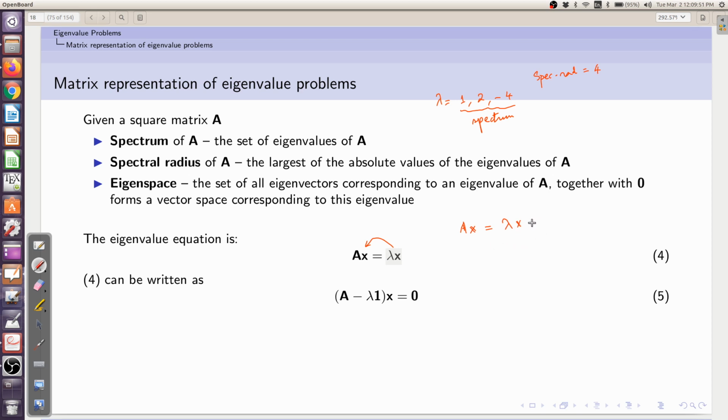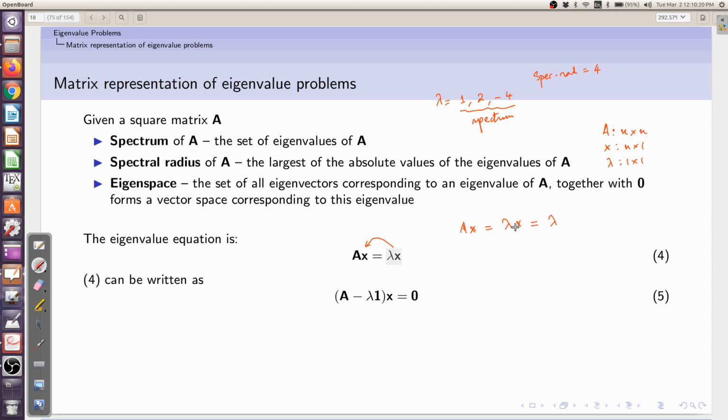But what we can do here with this lambda, you cannot simply subtract, because A is n cross n, and x is n cross 1. So this I can multiply, no problem. But here I cannot, because what is lambda? Lambda is a scalar, a 1 cross 1 matrix.